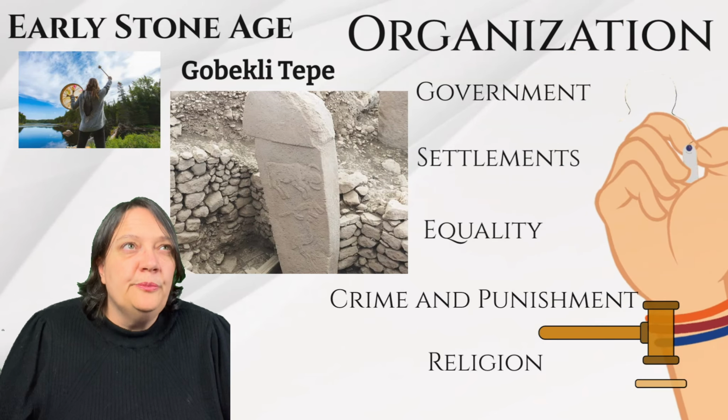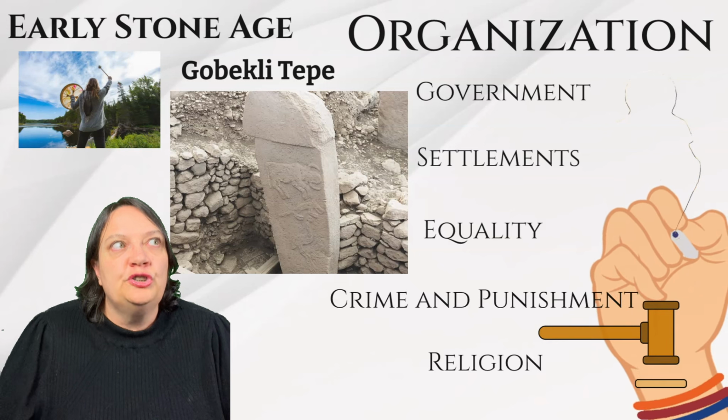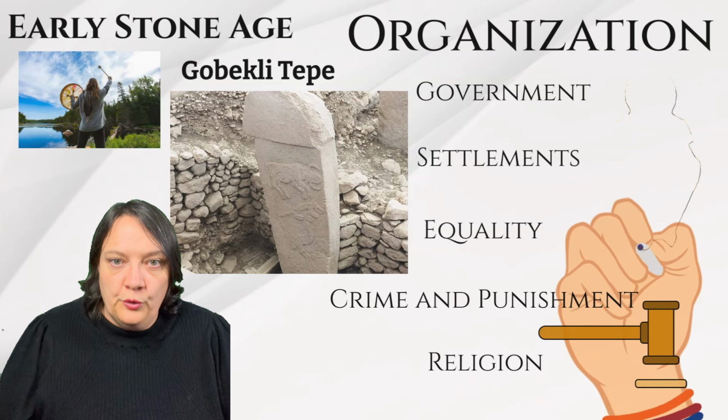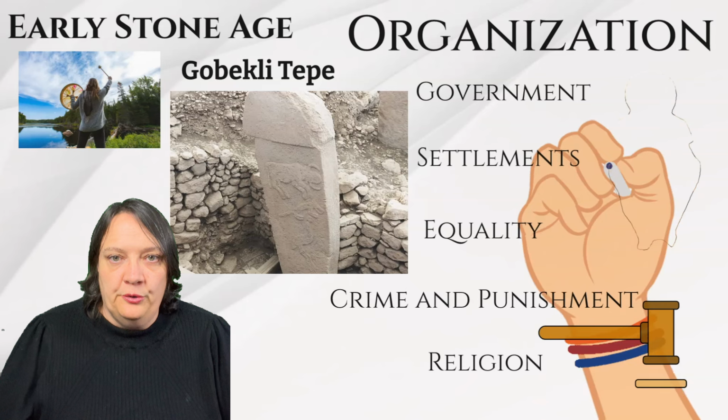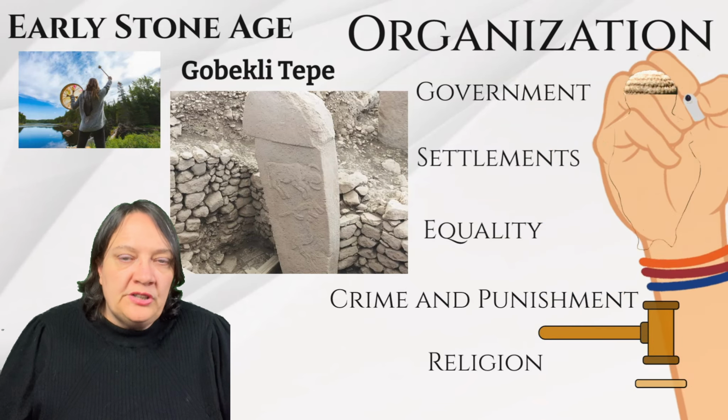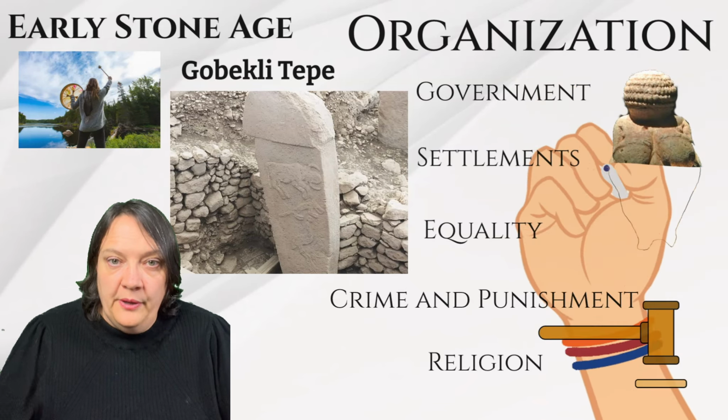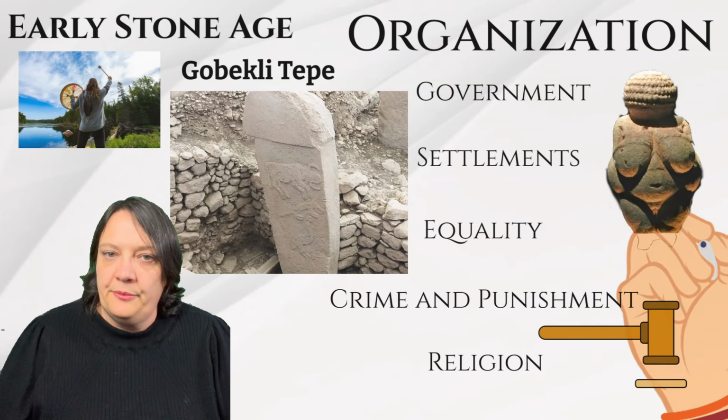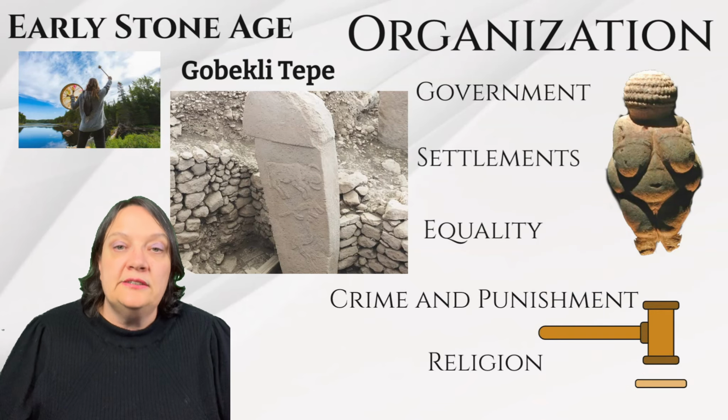It's also very notable that we have found spread throughout Eurasia these Venus figurines that seem to be some kind of perhaps female fertility figure, perhaps some kind of Mother Nature figure, something like that.